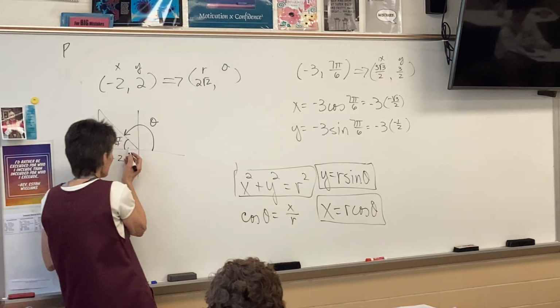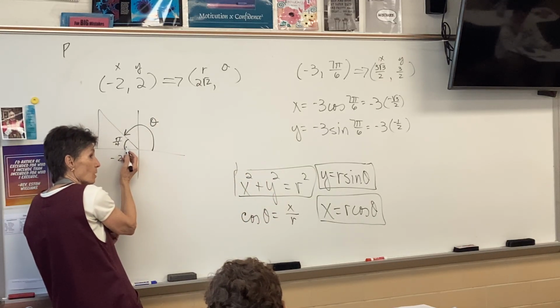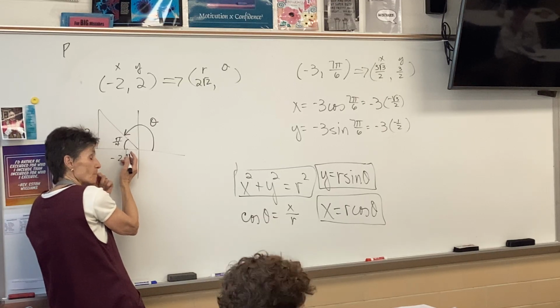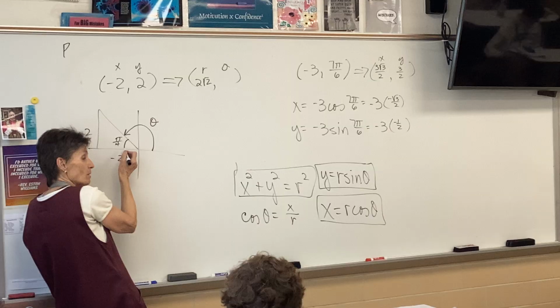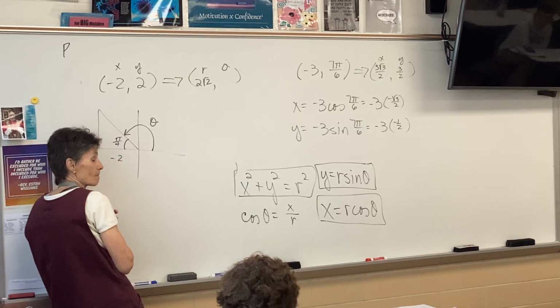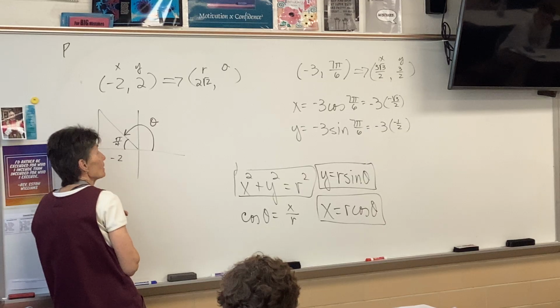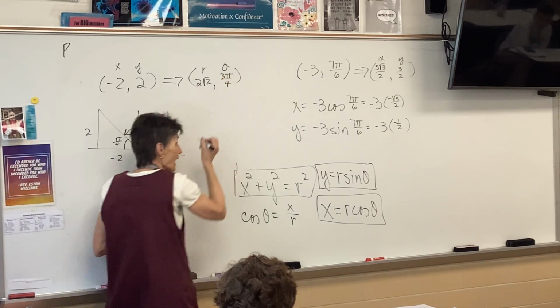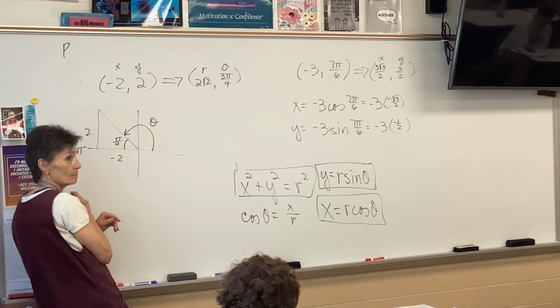Now, if that angle is pi over 4, then what is theta? 3 pi over 4. How did we get that? This is pi, right?